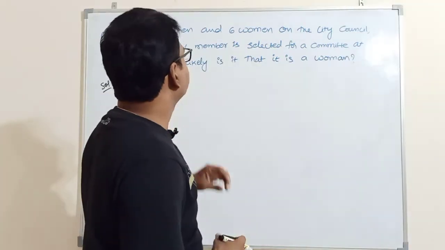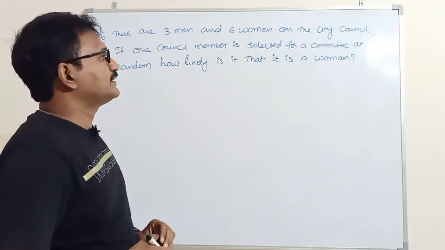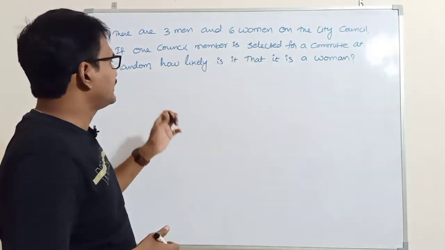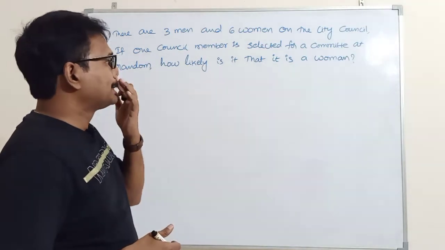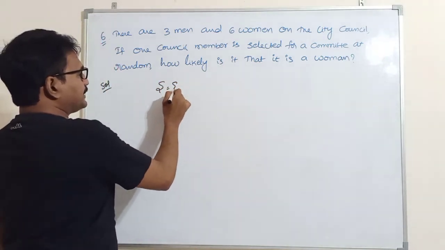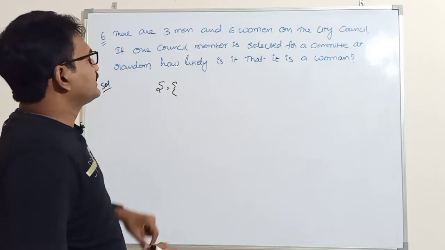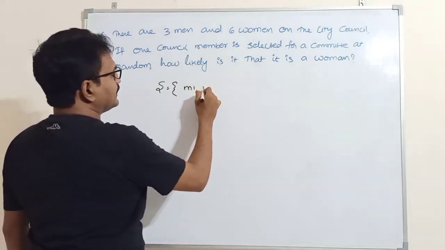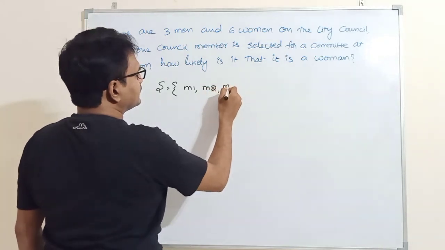Next, there are 3 men and 6 women on the city council. If one council member is selected for a committee at random, how likely is it that it is a woman? First of all, we need to take the sample space. How many men are there? 3 men are there. Let M1 denote the first man, M2, M3.